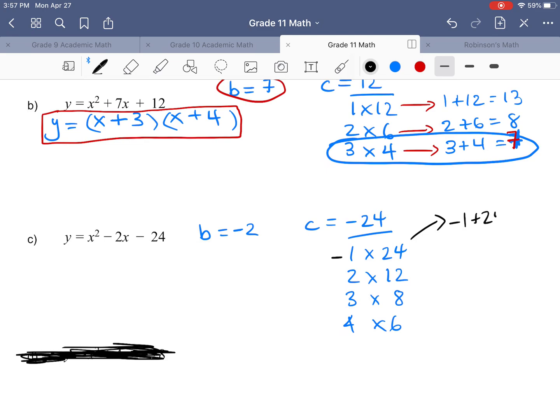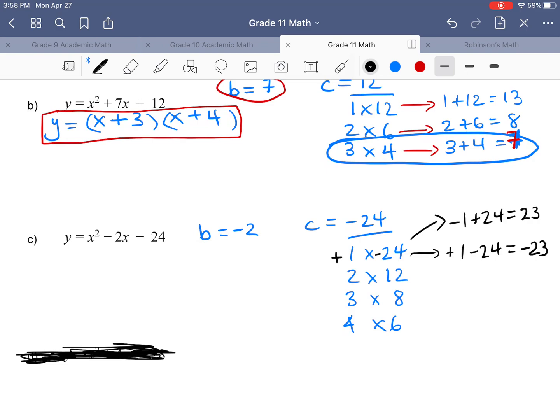So negative 1 plus 24, okay, that gives us 23. So definitely that's not negative 2. Now, you want to try it the other way. Well, what if this is a positive 1 and a negative 24? Okay, let's try that one. So positive 1, negative 24. They multiply to give us negative 24, but they add to give us negative 23. So that is also not negative 2.